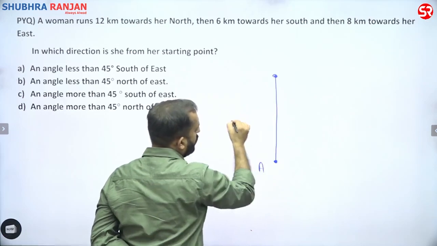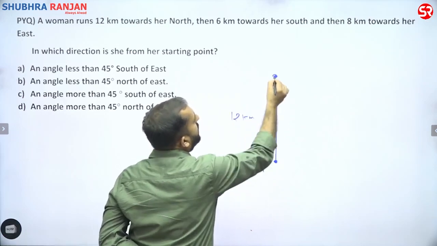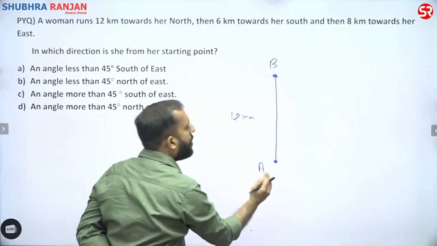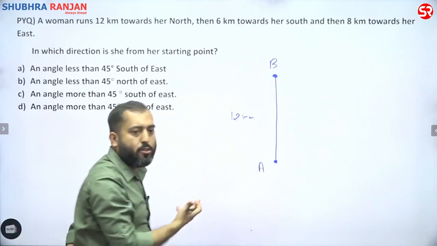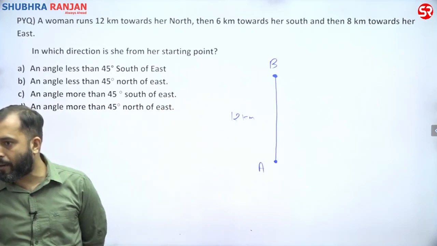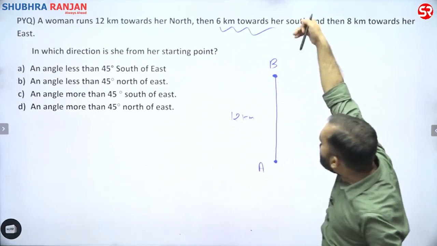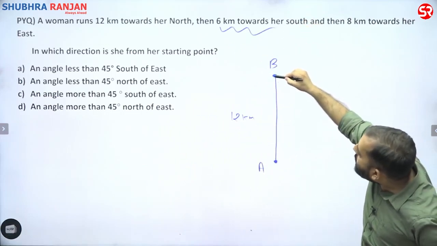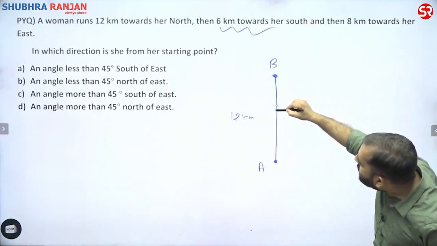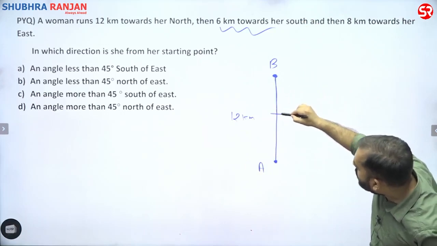So towards point B. If you go upward, it means northward. Clear? Now after it, what happened? She comes back 6 kilometers to south.